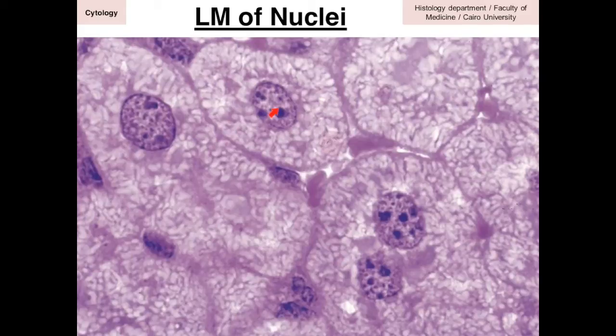They may be central, they may be peripheral, they may be eccentric. And here we can see that inside the nucleus we have this dark area which represents the nucleoli. The cells may be binucleated.